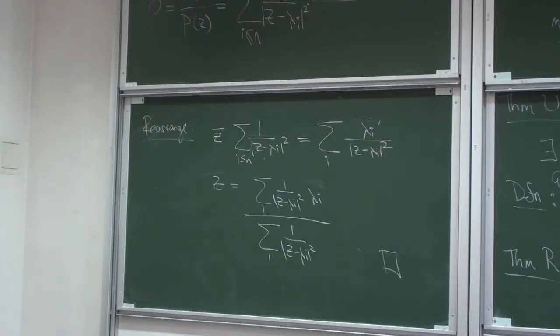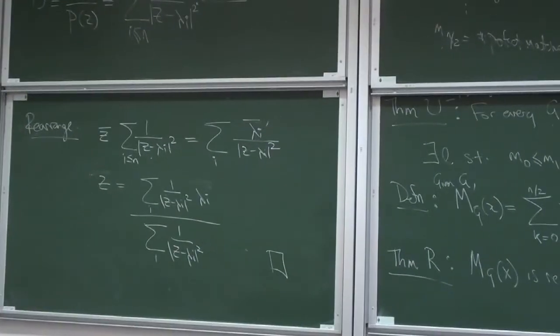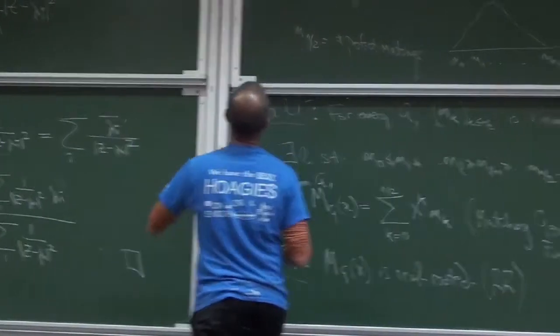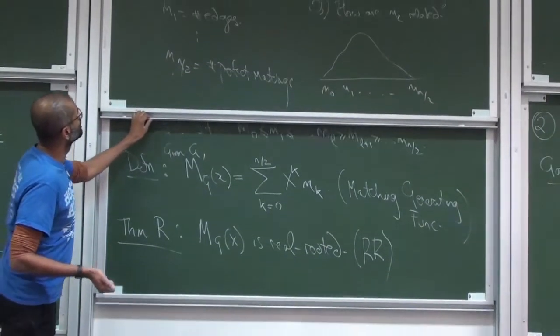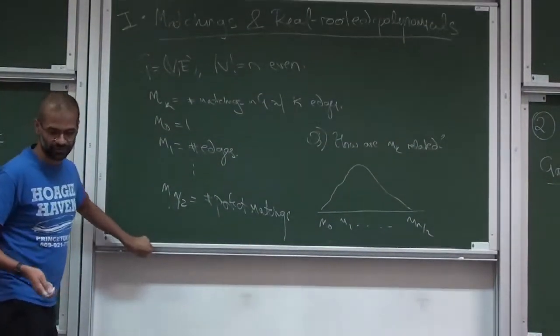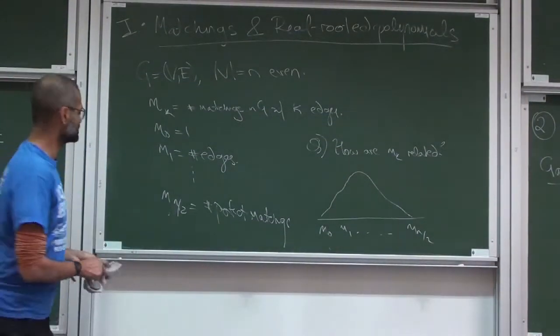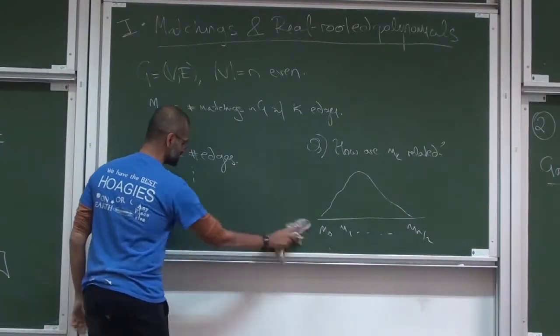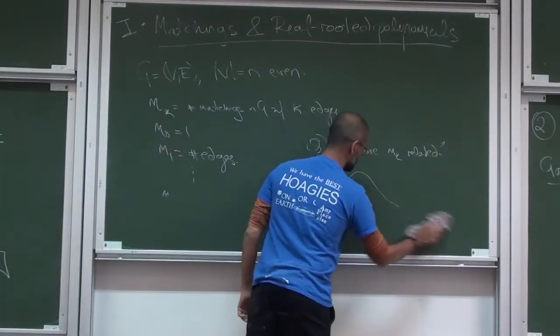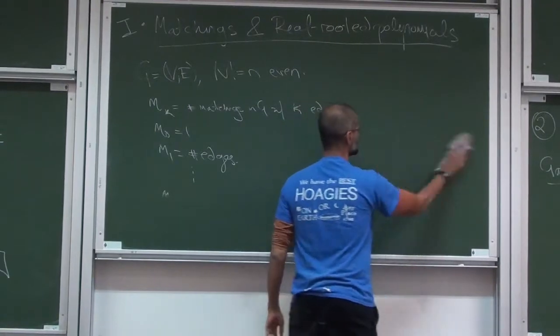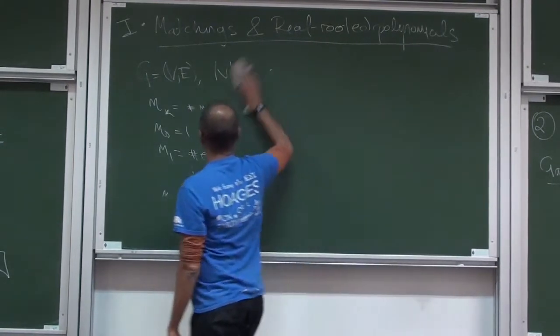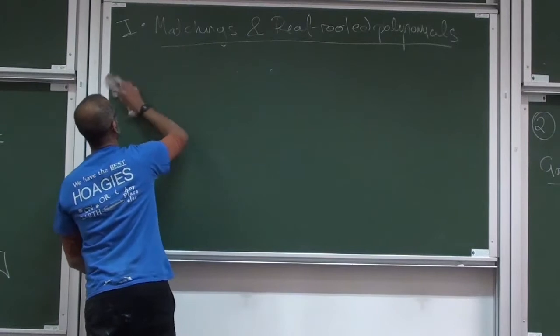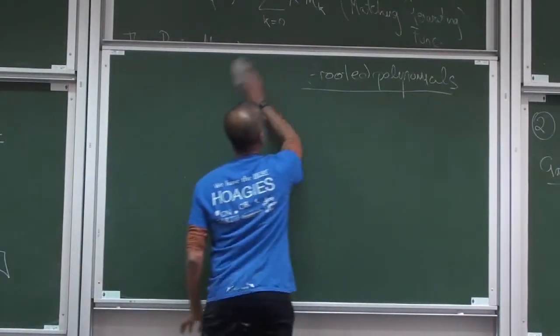And finally, I want to use these two properties to prove some important inequalities called the Newton inequalities, which are a generalization of b squared greater than or equal to 4ac in a certain sense.